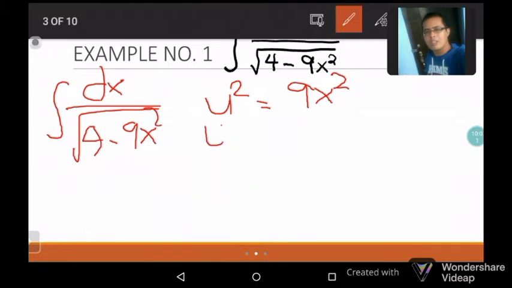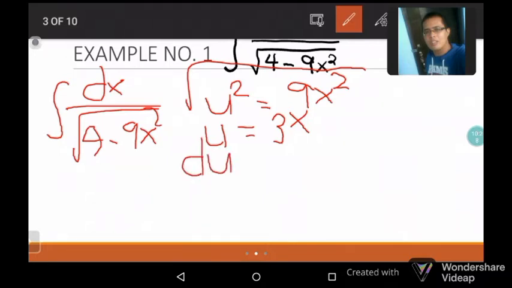Okay, so para makuha natin si u, we need to extract the square root of both sides of your equation. So, isi-square root lang natin ito. So, ang magiging value ni u mo dyan ngayon is square root of 9x squared is 3x. Okay, pero dahil may dx tayo doon, syempre, dapat meron tayong du.